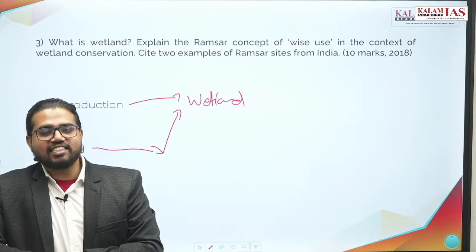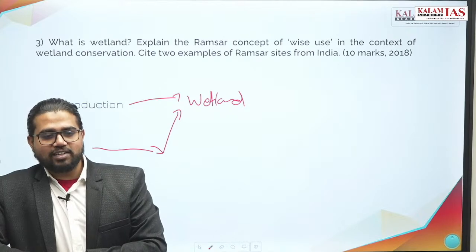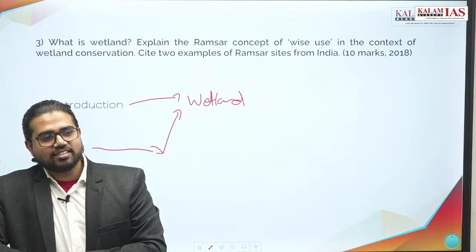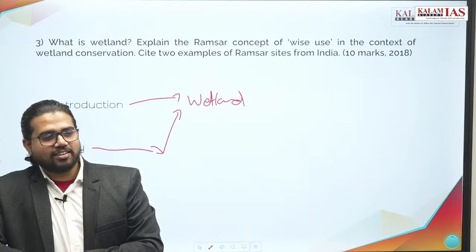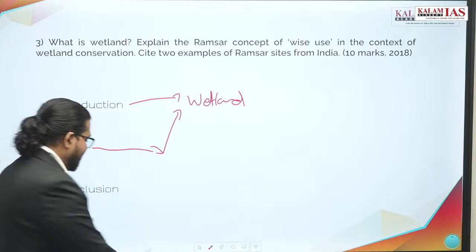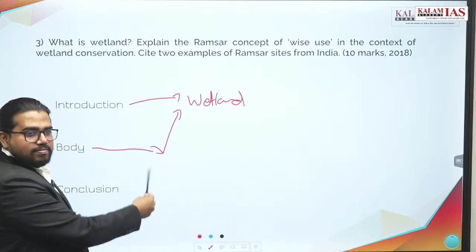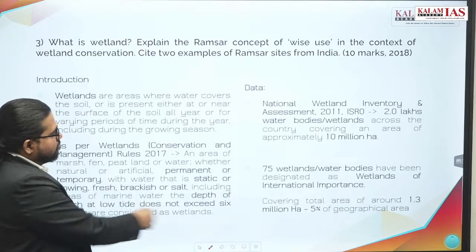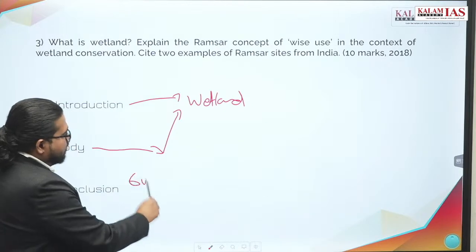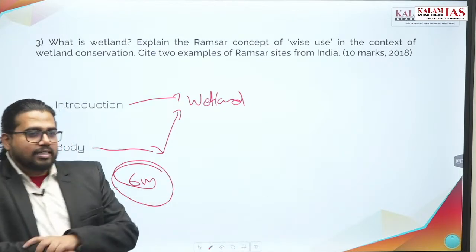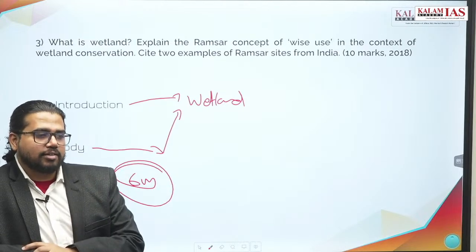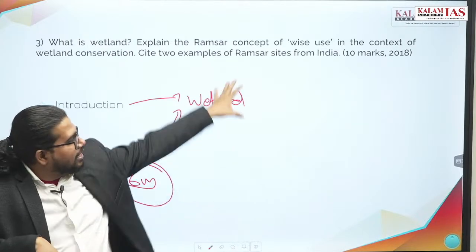What is higher in lake? More water in lake. Anything else? Lake is also a wetland. Something like criteria is there. What is it? Something is more deeper than 6 meter, we call it as lake or water body, whatever it is. Wetland includes all those.